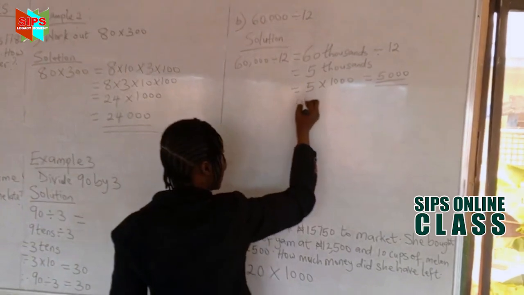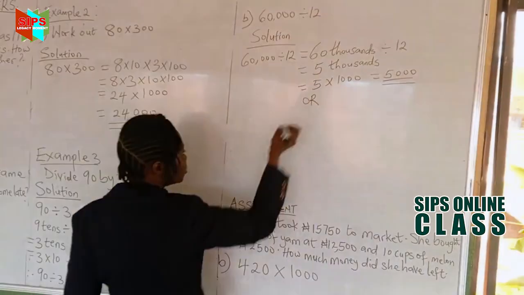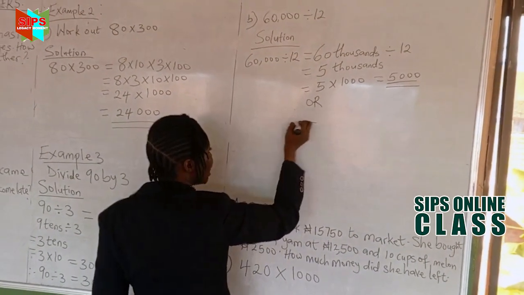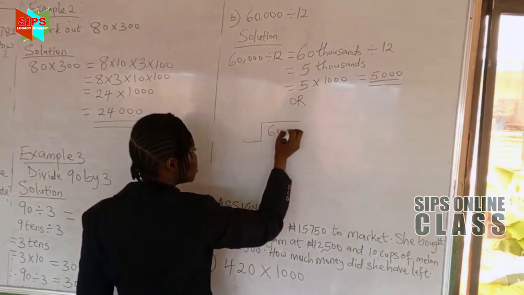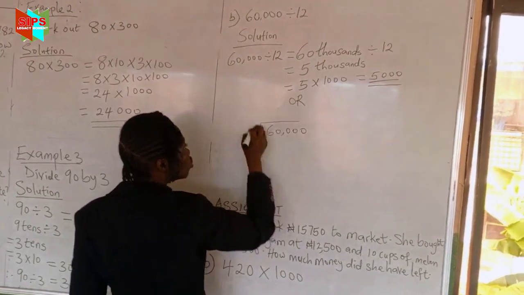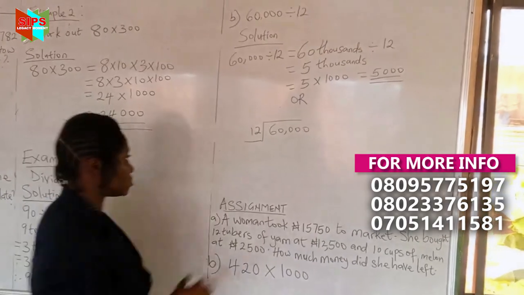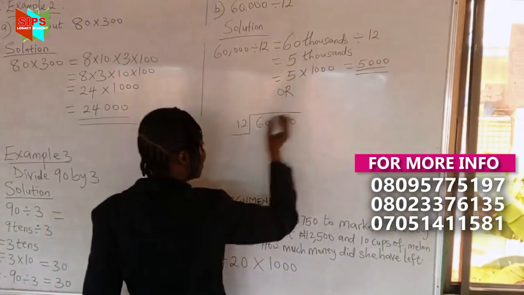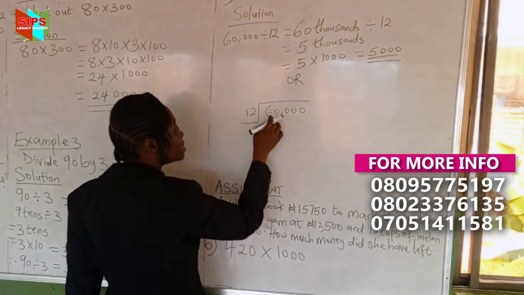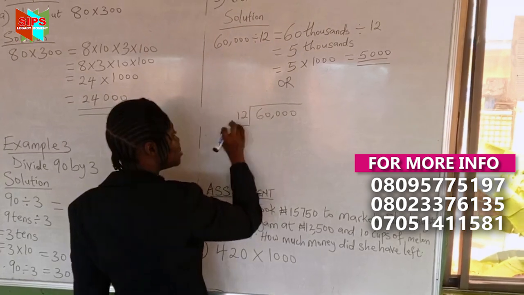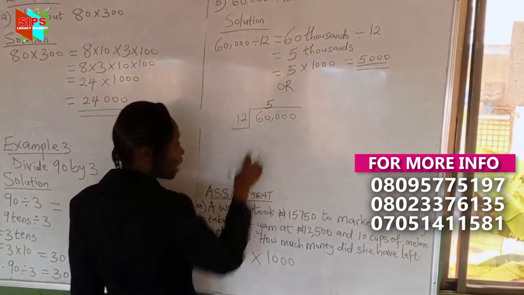Then another method, we can make use of the long division method. So if I want to use my long division method, I'll come here and put my 60,000. Okay, so you put your 12 as the divisor. Divisor is the number dividing the main number. So 12 in 60. How many 12 are you going to get in 60? That is 5. You write your 5 up here.